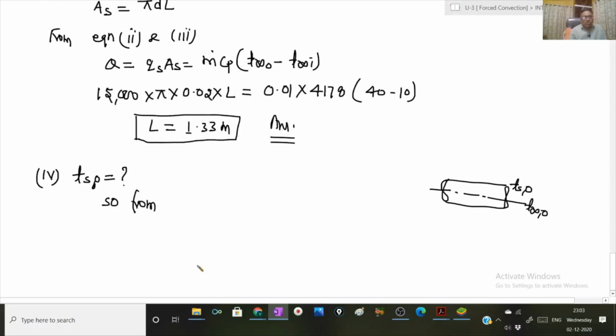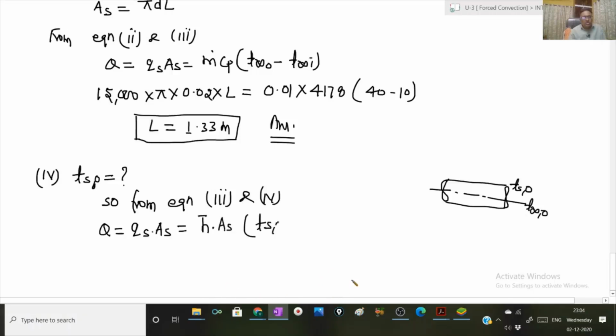So from equations 3 and 4, Q is equal to QS into AS is equal to h bar into AS into TSO minus T infinity O.